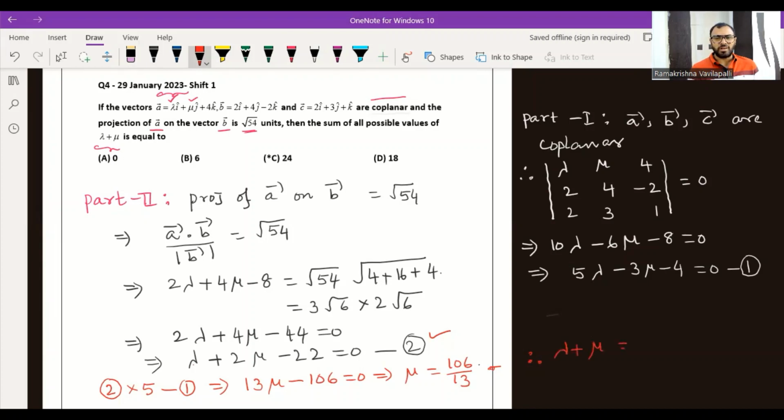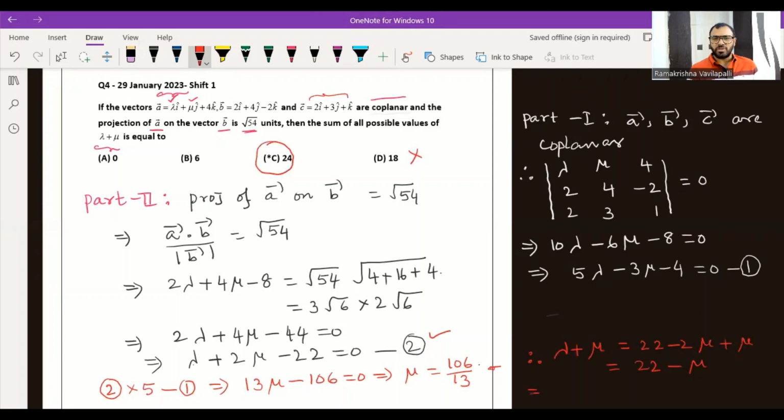Lambda plus mu equal to, here what is the lambda? Lambda is 22 minus 2 mu, and plus mu. So this is equal to 22 simply minus mu. Maybe here the vectors I have taken little wrong. That's why my answer is not matching with this 24. But by removing these options, we got this value.